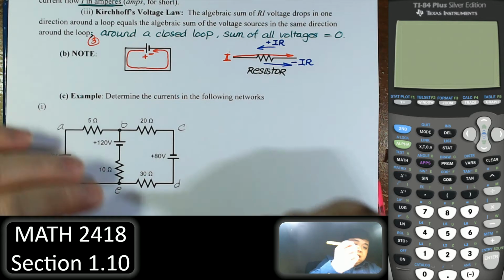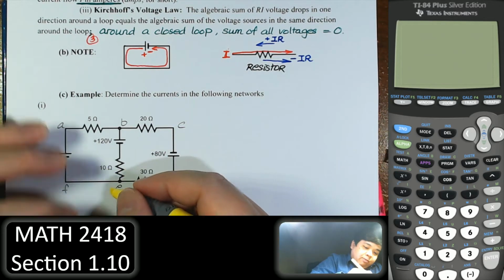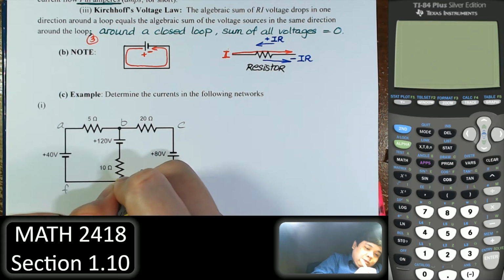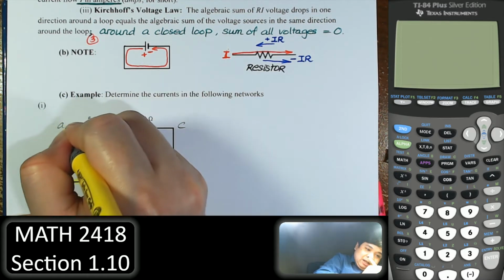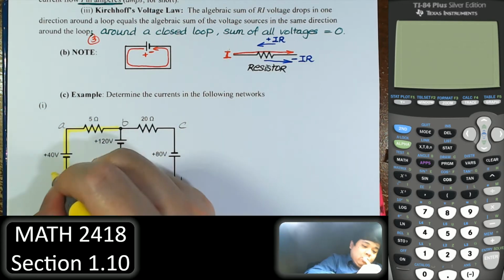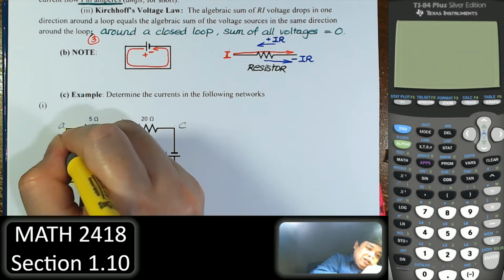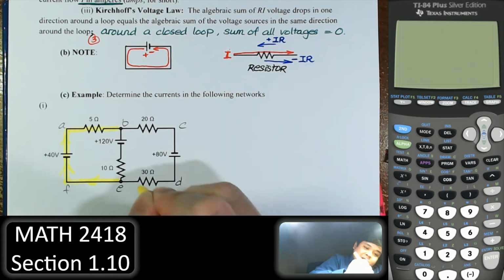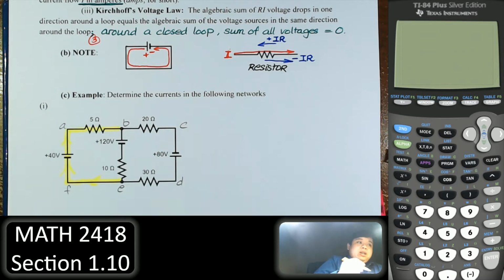So in this problem, there will be three currents. I use the marker to denote that. The first one, let's say it goes from here to there and to this, and we assume it goes in this direction, clockwise.